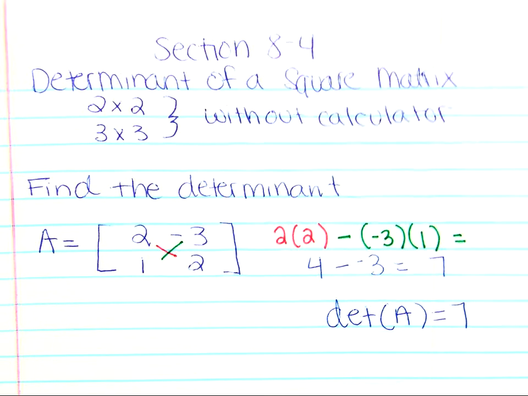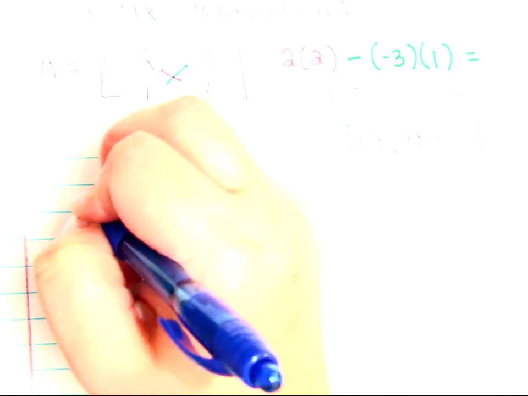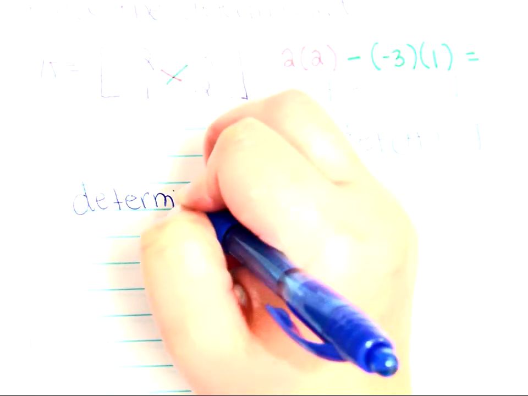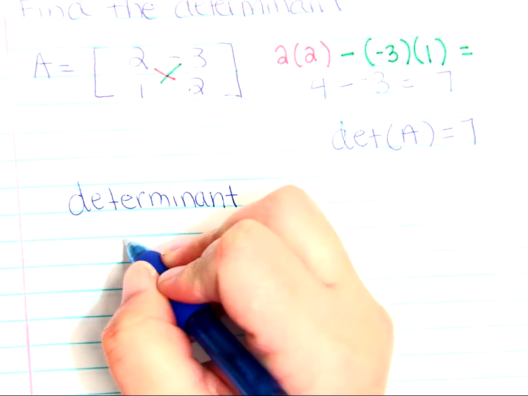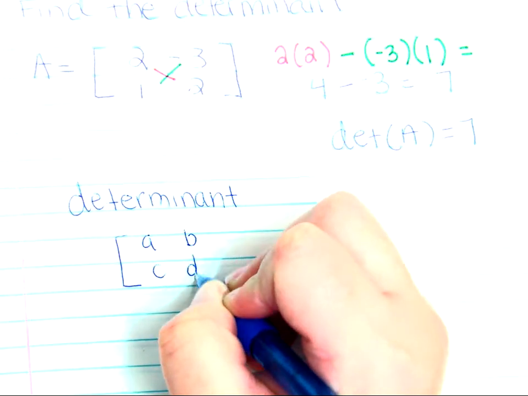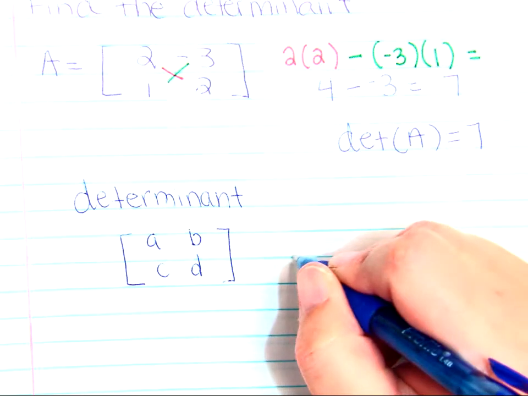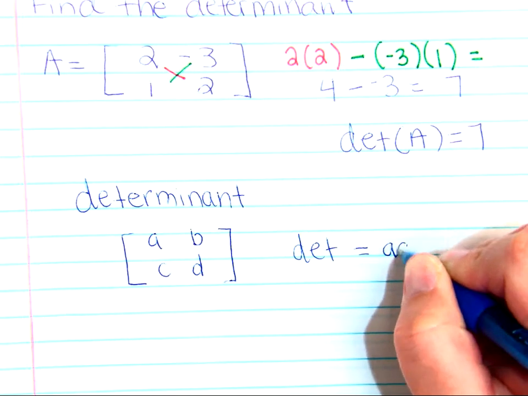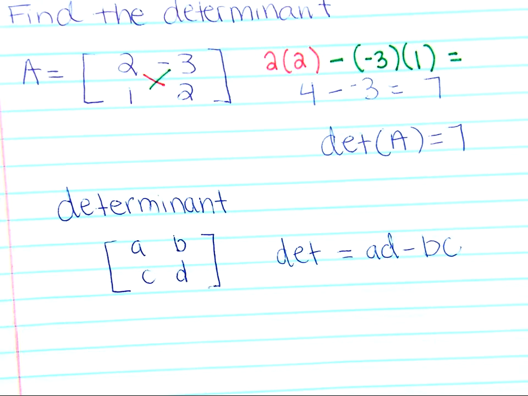So if you are finding the 2 by 2 matrix determinant, let's just write, okay, so in general, if I have A, B, C, D, the determinant is equal to AD minus BC, okay, of a 2 by 2 matrix.